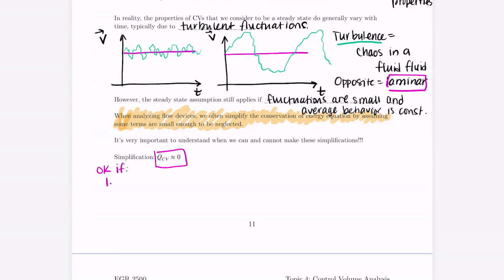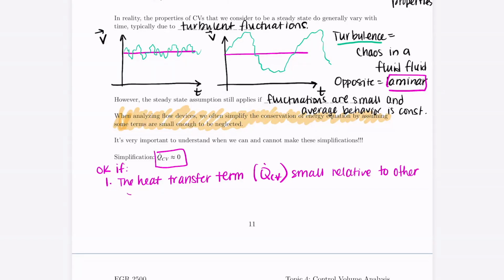So the heat transfer term, Q dot CV, is our heat transfer term. So if this term is small relative to other energy transfers across the boundary.